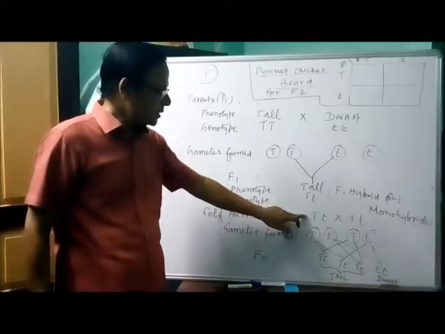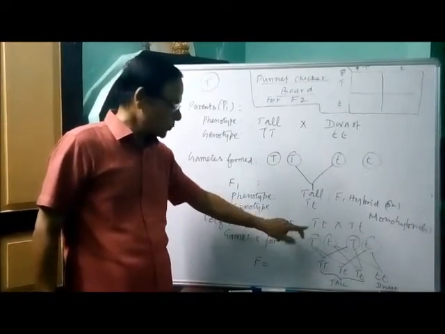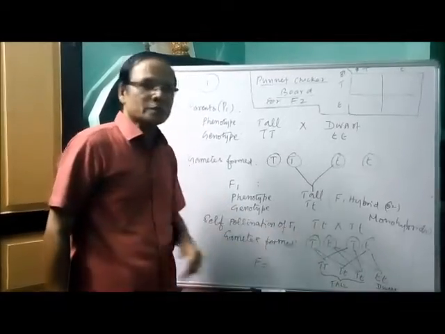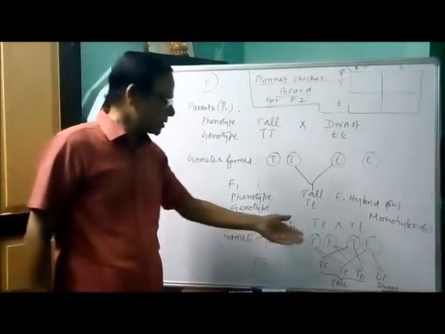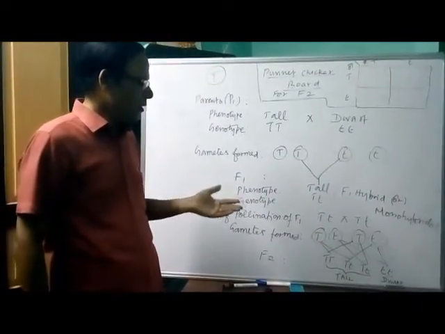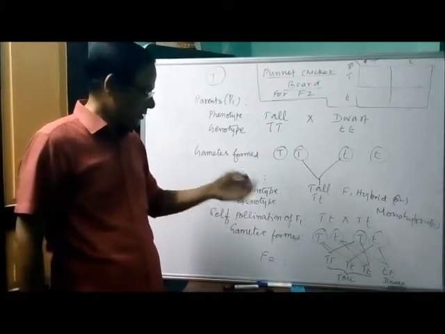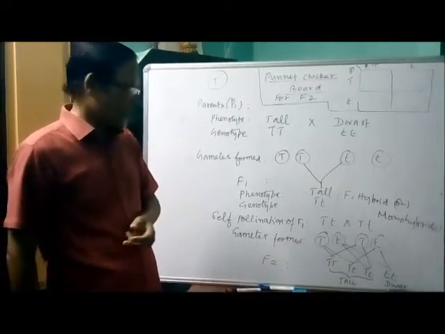Now, as we have the heterozygous condition, these tall plants produce two different types of gametes: 50% of the gametes with capital T and 50% with small t, the recessive factor. So both male and female gametes, that is the ovule or the pollen grains, are of two different types.